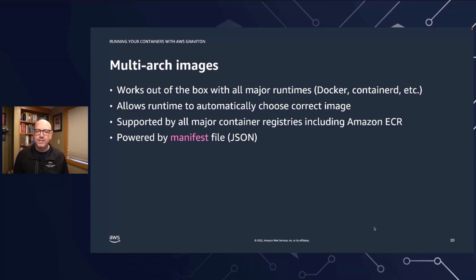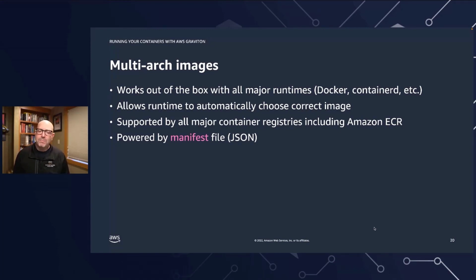This includes Docker on ECS, Docker or containerd on EKS, and so forth. The runtime will automatically choose the correct image layers to pull based on the architecture on which it's running. And multi-arch images are supported by all major container registries, including Amazon ECR, Artifactory, Docker Hub, etc.